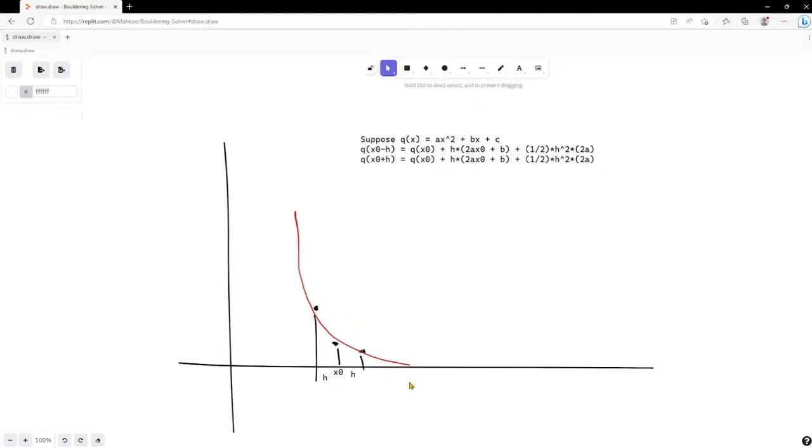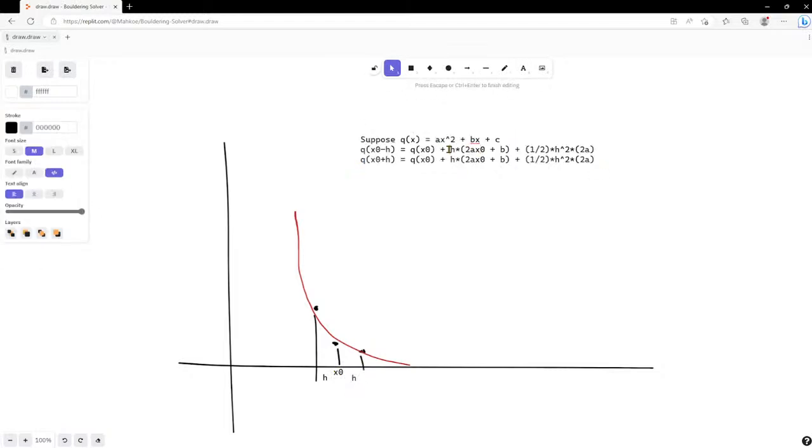Whatever, it's fine. And then here, this is going to be minus h times that, and then here the h gets squared, so the minuses cancel out.